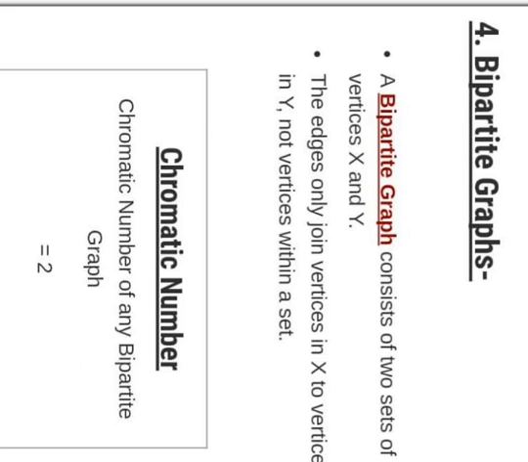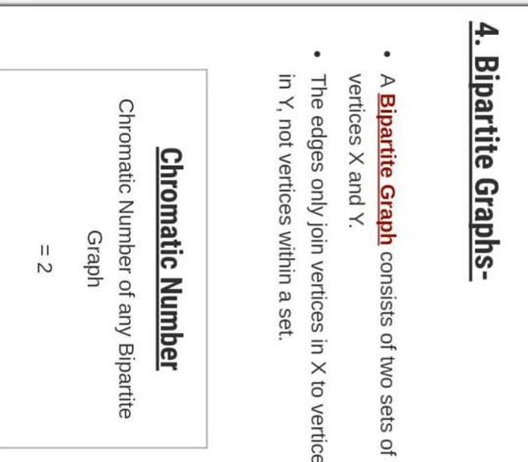If we have a bipartite graph, then what is the chromatic number for a bipartite graph? As we know from the definition, a bipartite graph consists of two sets of vertices, let's name them x and y. The edges only join vertices in x to vertices in y, not vertices within a set.